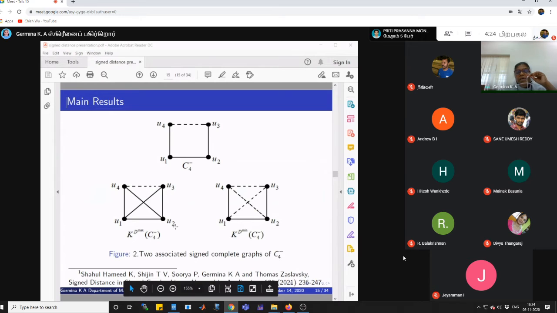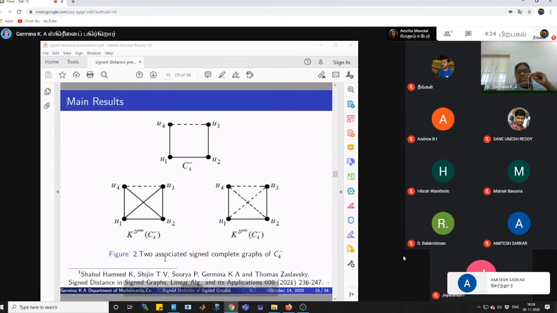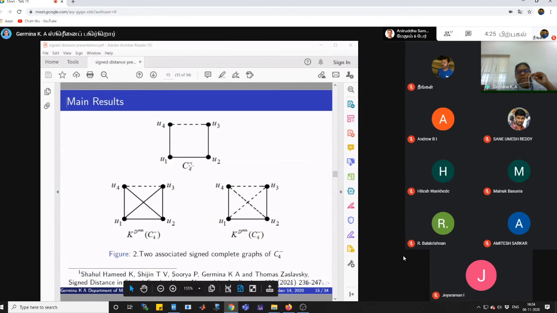Let us see how we construct the associated graph. Again, I am taking this C4 minus, which is an unbalanced graph. K_D max of C4 minus: let us see what is U1, U3. For this path, we consider sigma max as positive.